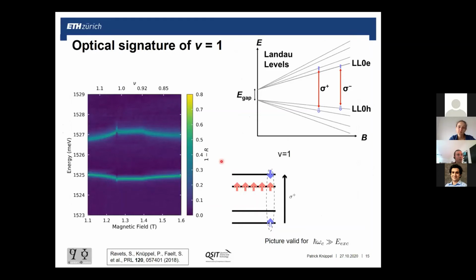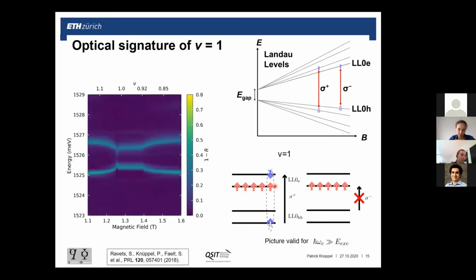If we consider the filling factor 1, where just one Landau level is completely filled, we can efficiently make this transition with sigma plus to excite this exciton, and this is then dressed to a polaron with other electrons. On the other hand, the sigma minus is strongly suppressed because there's no phase space available. And if you put this in a cavity, this oscillator strength or density of final states translates into normal mode splitting. So the sigma minus branches come together, the sigma plus branches go apart.